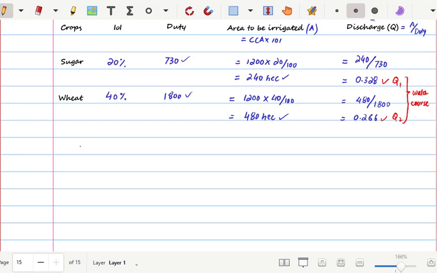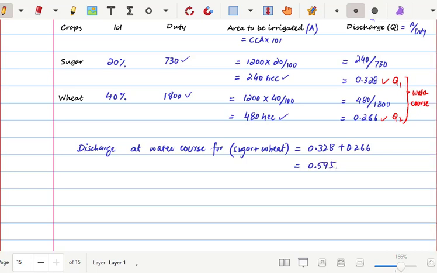So the discharge at water course for both sugar plus wheat is going to be equal to 0.328 plus 0.266, which is equal to 0.595.